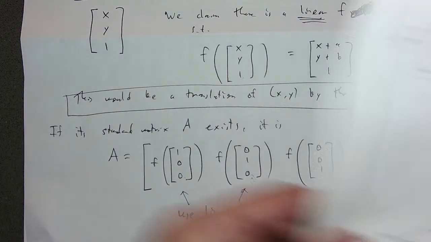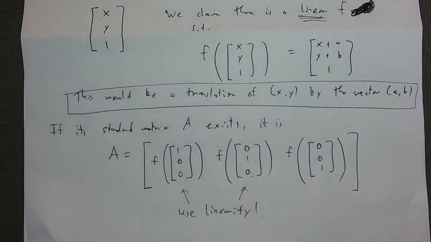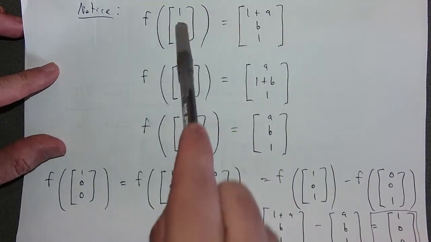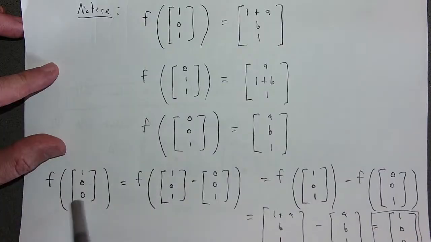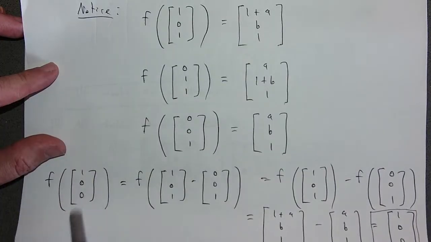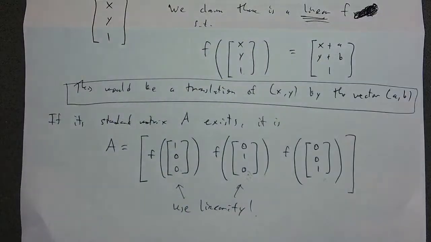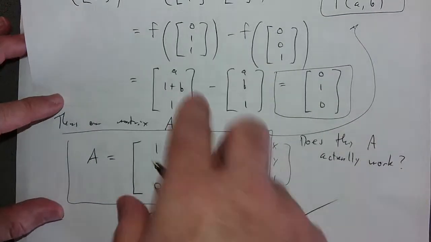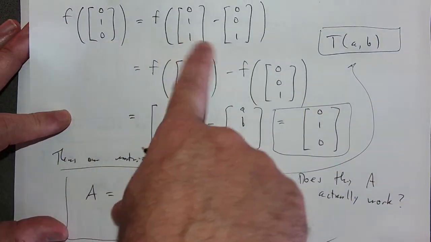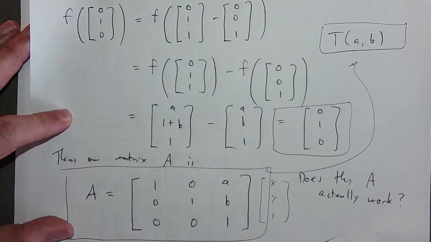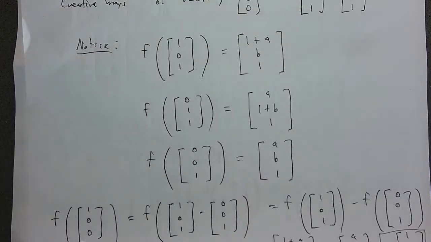We computed what it did to these vectors, and then used linear combinations to obtain what it did to each standard basis vector. It fixed (1, 0, 0), the first standard basis vector, and similarly fixed the second. And we already knew that the third standard basis vector it sent to (a, b, 1).